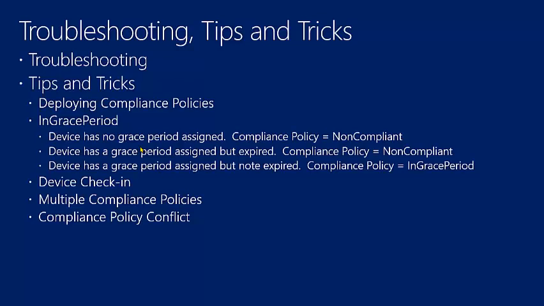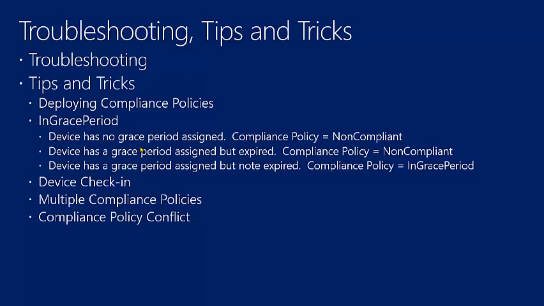Now, another thing that I've mentioned is that you can return a status of in grace period for a device. You saw one of them flagged as in grace period for status under compliance. What does that mean? How does that get controlled? If you do not have a grace period assigned to the device, and if the device is non-compliant according to your settings, then the status will be returned non-compliant.